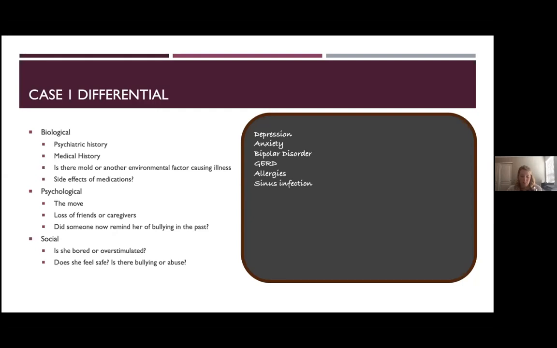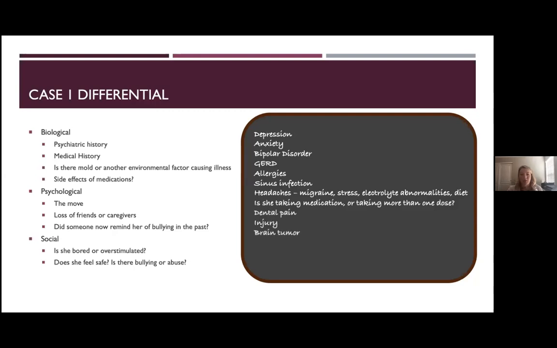Other things that we want to consider as we look at biological causes, and as we think back to her chart, we might think of sinus infections, headaches of various causes. We might think about, is she taking her medication correctly? Does she have dental pain or another injury?